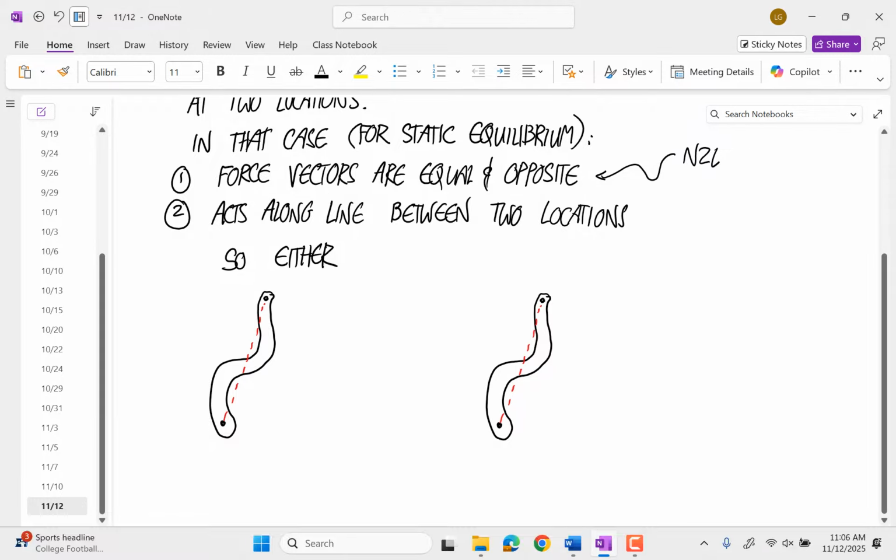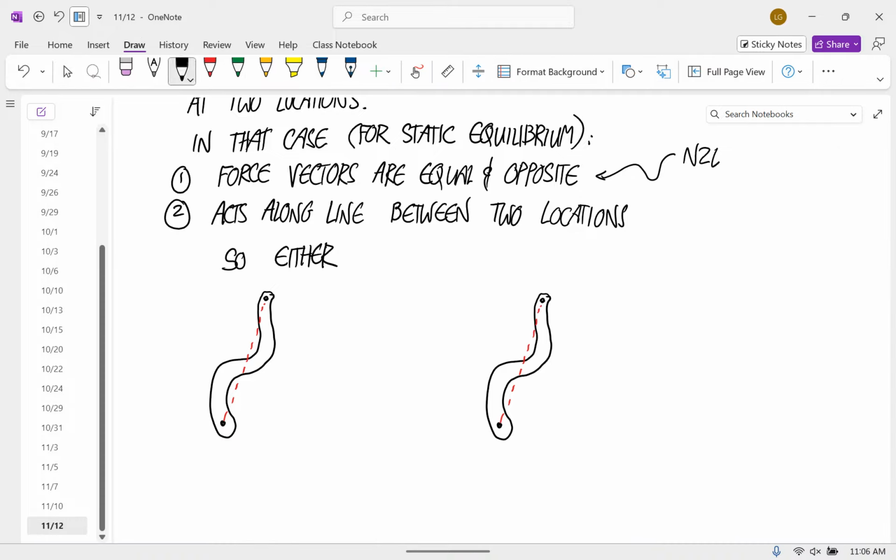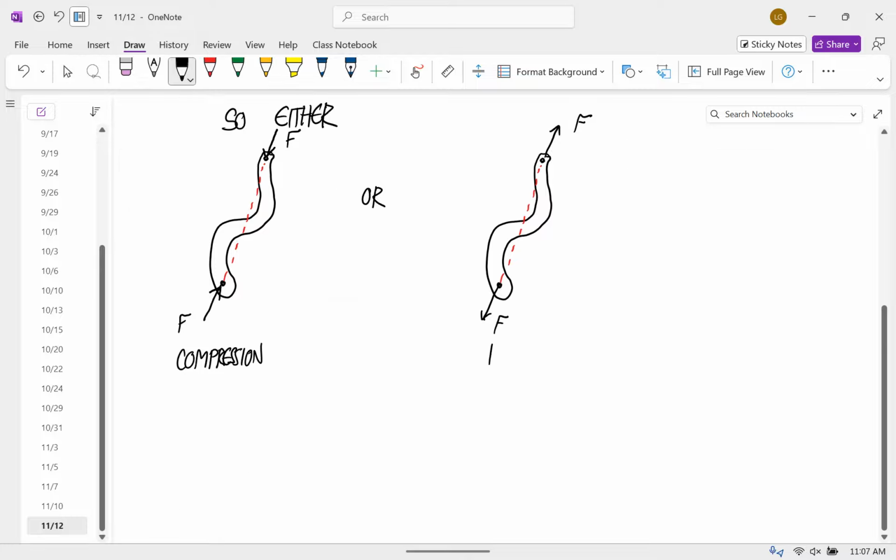Okay, so there's two possibilities. These forces could be like this, or they could be like this. Those are the only two possibilities. You can think of this one as compression, and this one is tension.